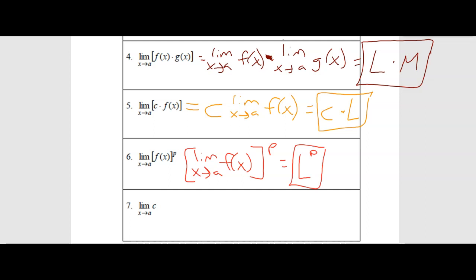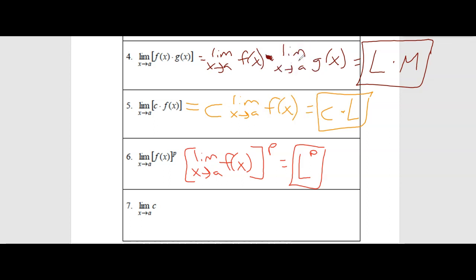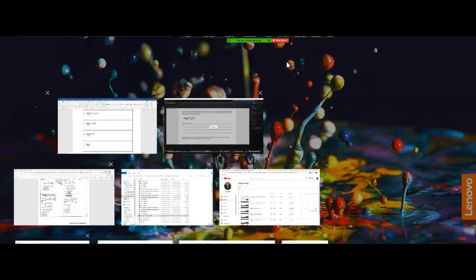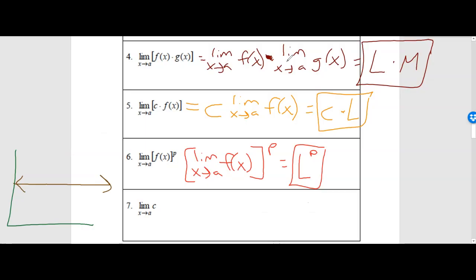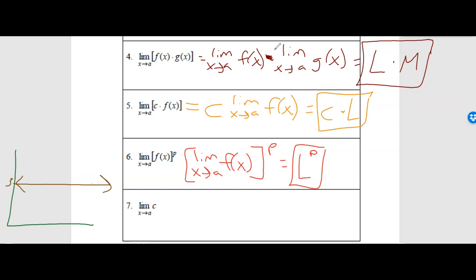And finally, for number 7, we have the limit of a constant function as x approaches a. So I think this one is much easier done with a visual. If I have my axes, and I have my constant function, we'll just say that's 3. It doesn't matter what x approaches on this constant function.